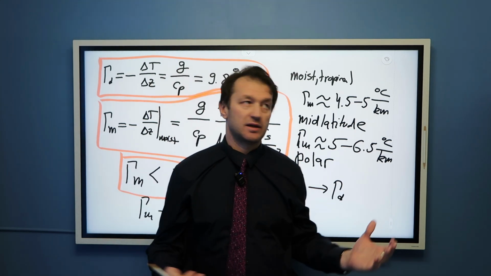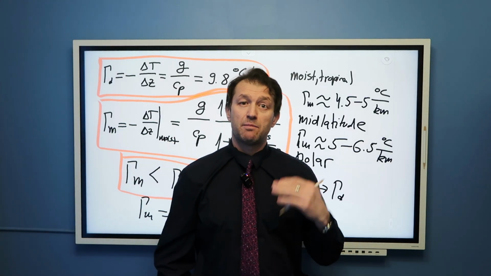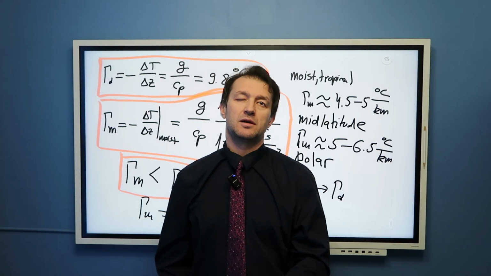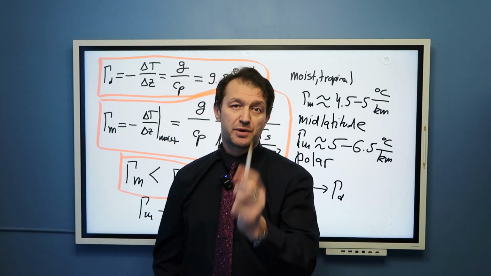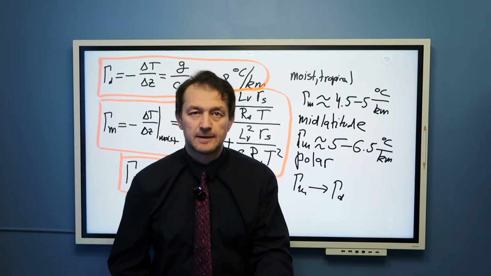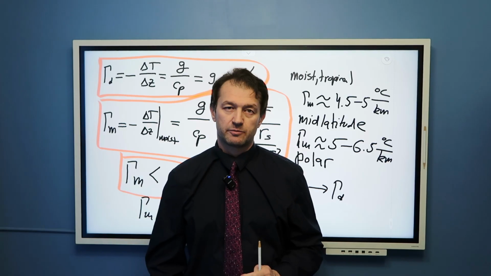Now I told you everything. You can copy this, go to your professor and brag how you are amazing at knowing moist adiabatic lapse rates in the atmosphere, and they will be impressed because moist adiabatic processes are not for birds. They are much more complicated than dry adiabatic processes.